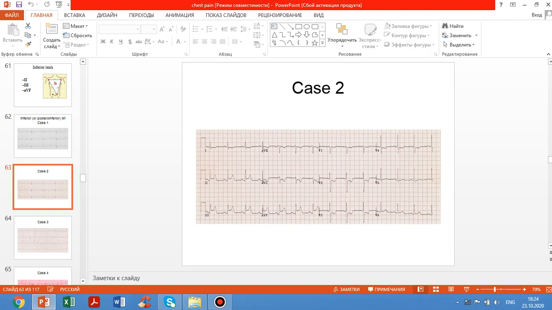On this slide you can see the elevation on the second, the third, and AVF leads, and reciprocal ST depression in the first, in the AVL, and V1, V2, V3 leads.